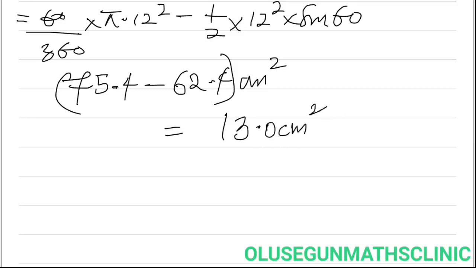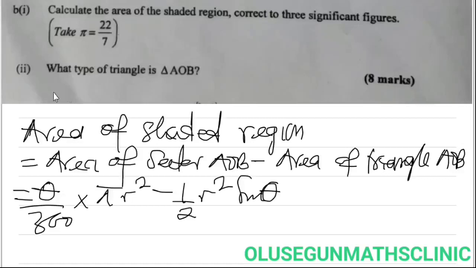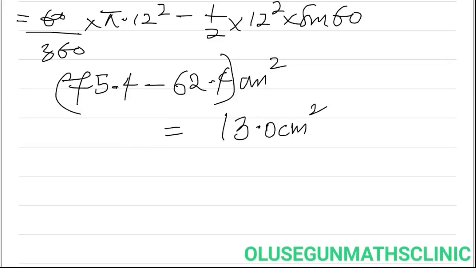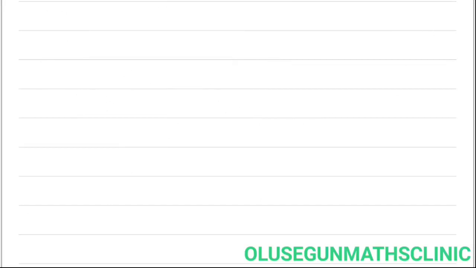But the question says, for 3B2, what type of triangle is AOB? This was 3B1, so let's go to 3B2.